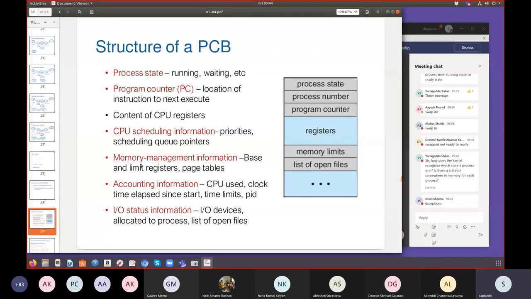Next, memory management information. You might have come across these terms in your COA course. Right, so which part of the memory is allocated to the process? Page table, base and limit registers.